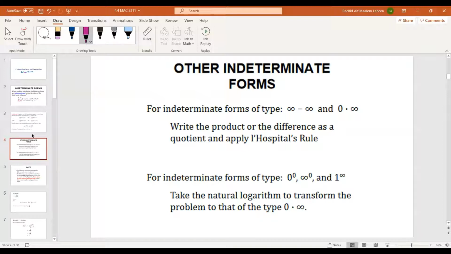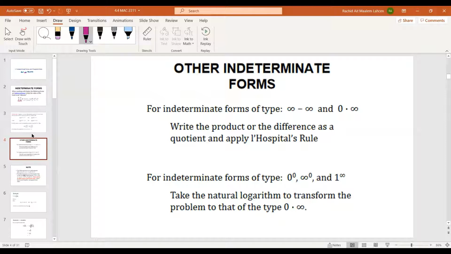For 0 power 0, infinity power 0, 1 power infinity, you can change to a product or a difference to apply L'Hopital rule. So here we use just like we did in the past. You remember that logarithmic differentiation where we used the log in order to simplify things and be able to find that derivative.